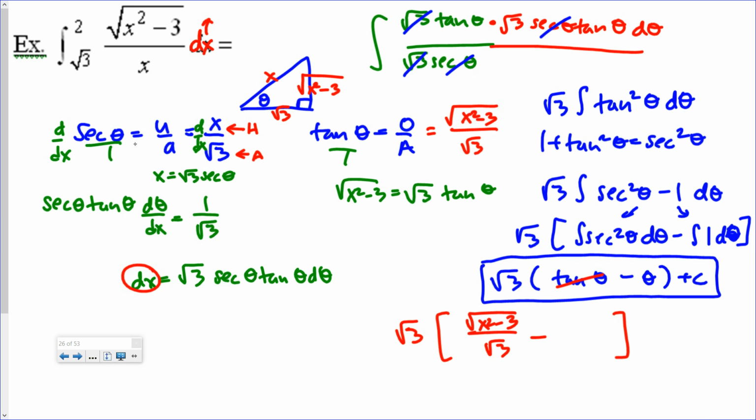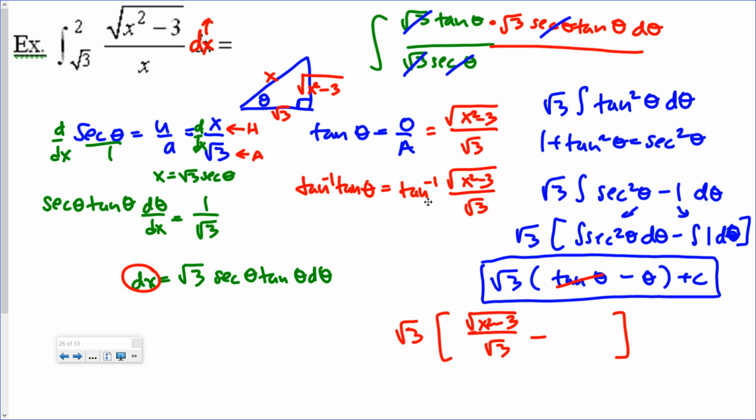Well, I can solve theta here or I can solve theta here. I'm not sure which one's easier. Let me just go ahead and solve theta here with my tangent. If I wanted to isolate theta, I'd have to take the arctangent of both sides.